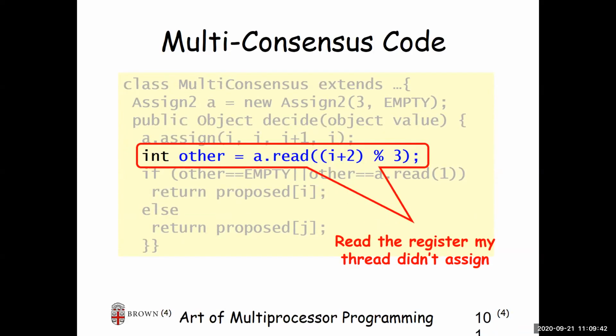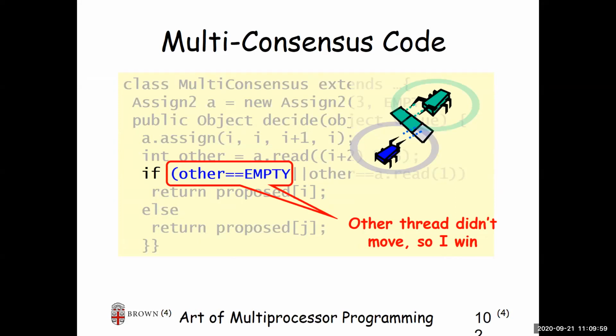And then we're going to compute which is the other memory location. That would be the memory location that we're not writing to.